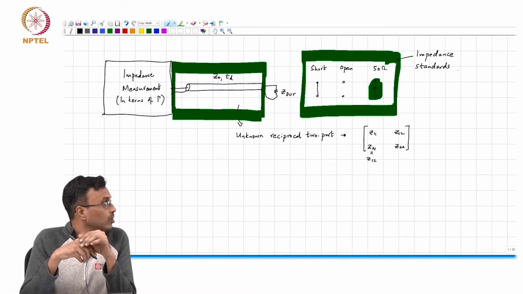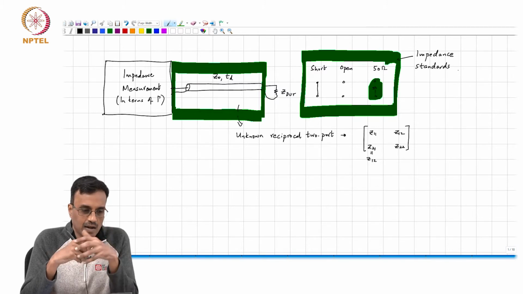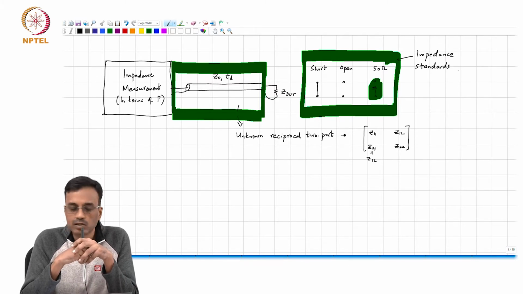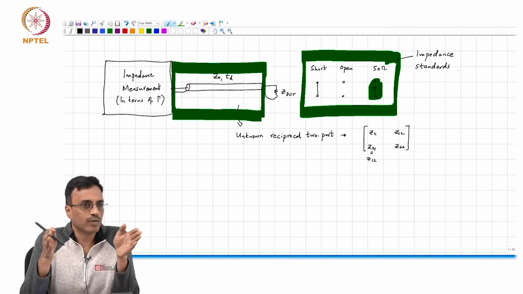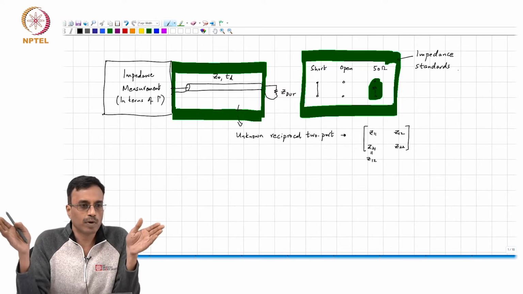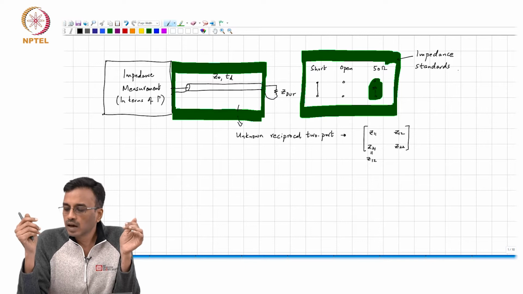These will be very carefully machined, and the material will be chosen so that over the ambient temperature range, the 50 ohms remains the 50 ohms. The open circuit and the short circuit remain opens and shorts over the frequency range of interest. As you know, it is impossible to make an open circuit or a short circuit be open or short for an arbitrarily wide range of frequencies, right?